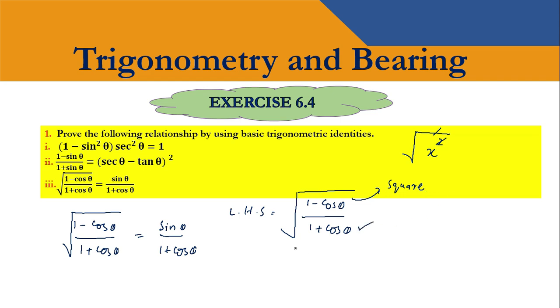So to fulfill this objective, if I don't want to change the value of cos theta and I want to convert 1 minus cos theta into sine theta, so what will I do? Let's see. 1 minus cos theta and 1 plus cos theta.